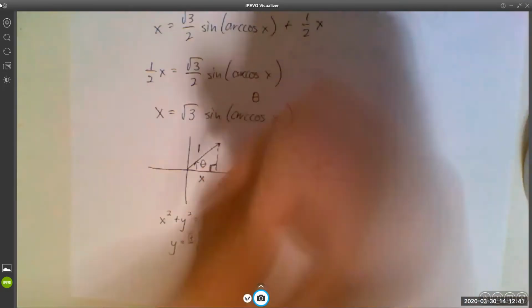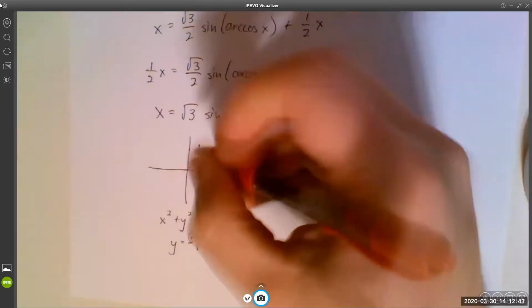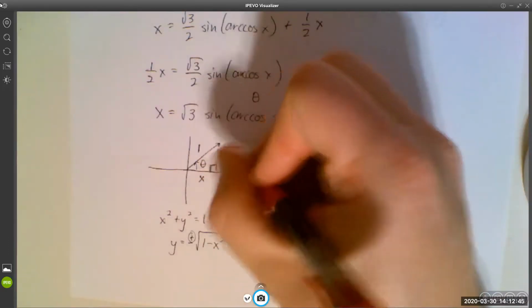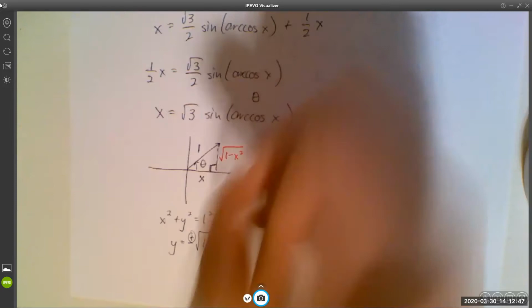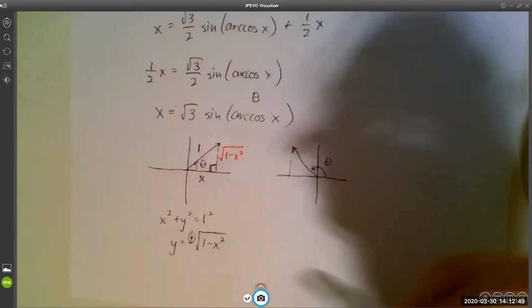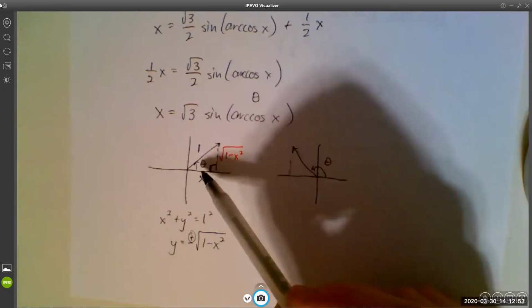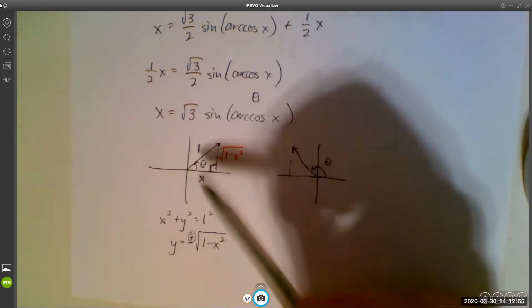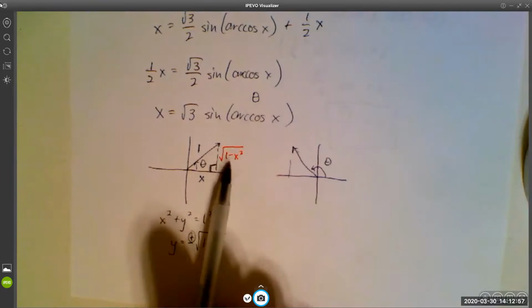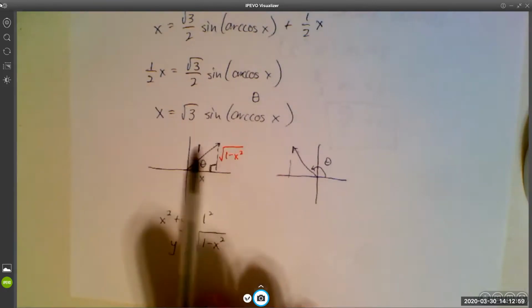So we can say, all right. So this side is the square root of 1 minus x squared. And now I want sine of theta, right? Sine theta would be square root 1 minus x squared over 1. Right?